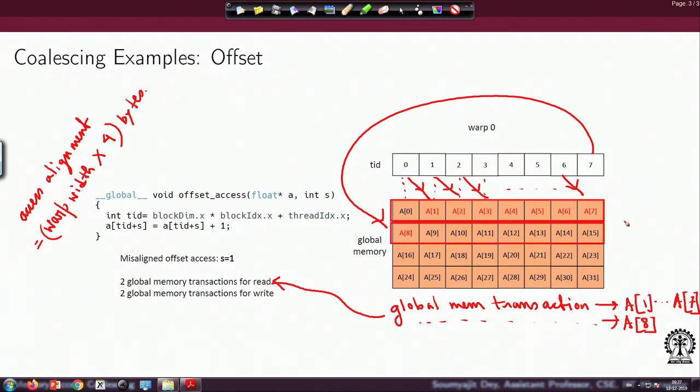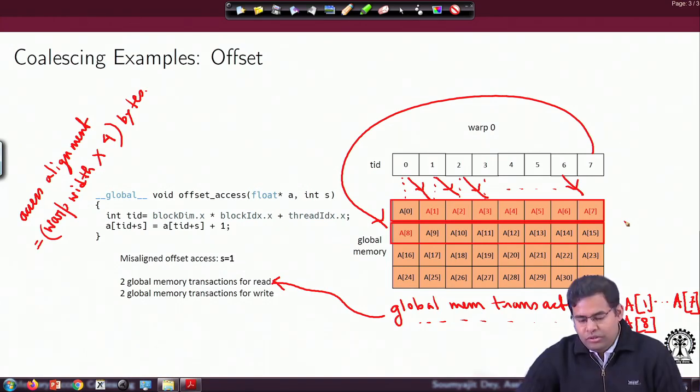The moment I put in the offset, the alignment is lost. In the first access I can only get things from A1 to A7, because if I am looking for data from A0 to A7, they all come inside the aligned access, but A8 cannot be brought in with A7 in one access.